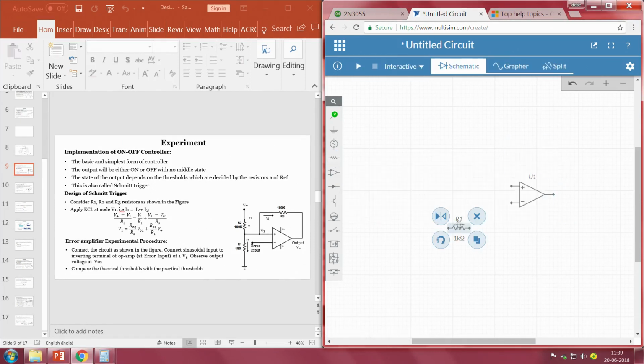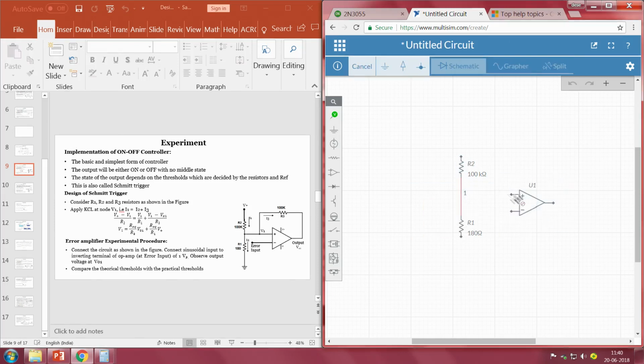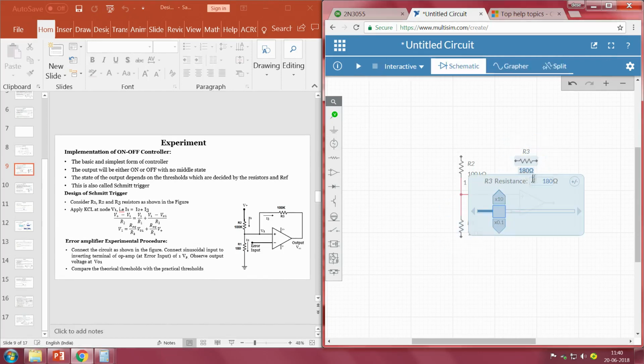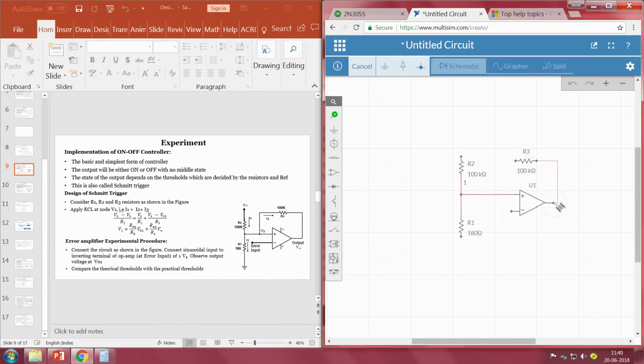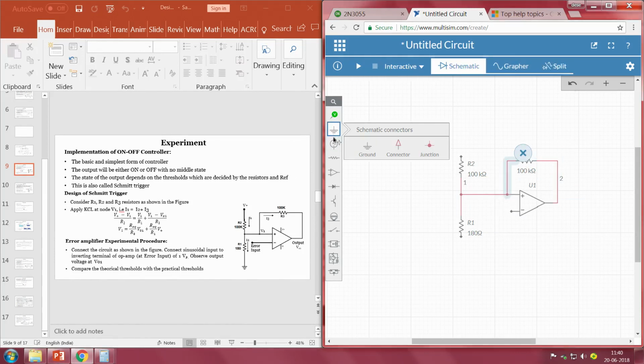This is R1, 180 ohms, and R2, 100K, and R3, the resistance value is 100K. This is the input, the negative terminal is the input in this case. So, we need to connect ground.